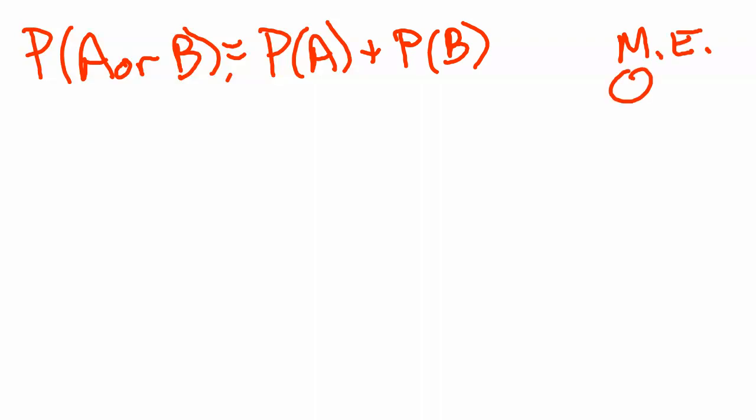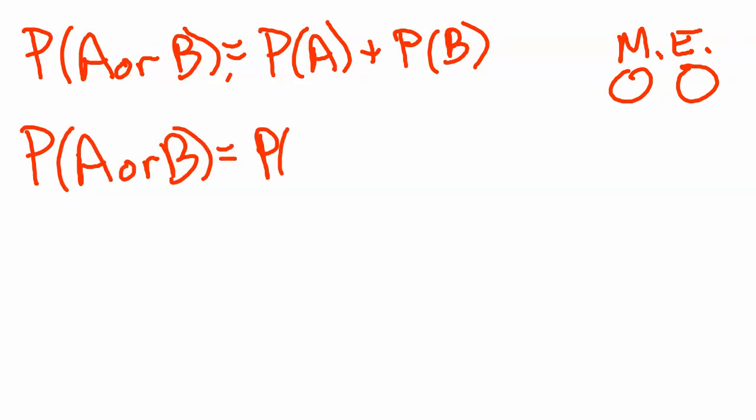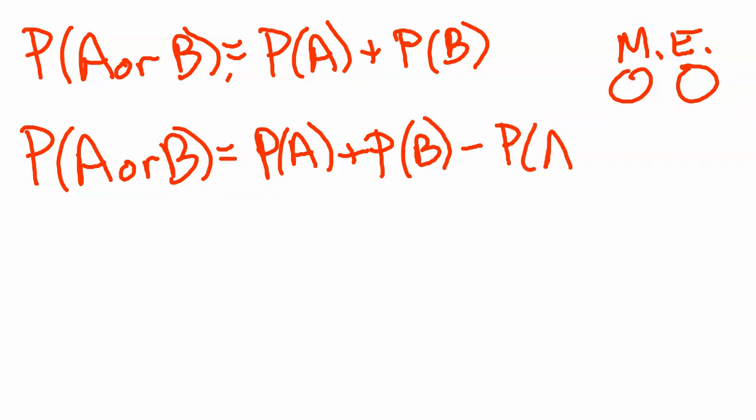Okay, let me write that out again. So the probability A or B would be the probability of A plus the probability of B if they're mutually exclusive, which means they don't overlap. If they are not mutually exclusive, then you have to subtract out the part that they're both so that you don't count anything twice.